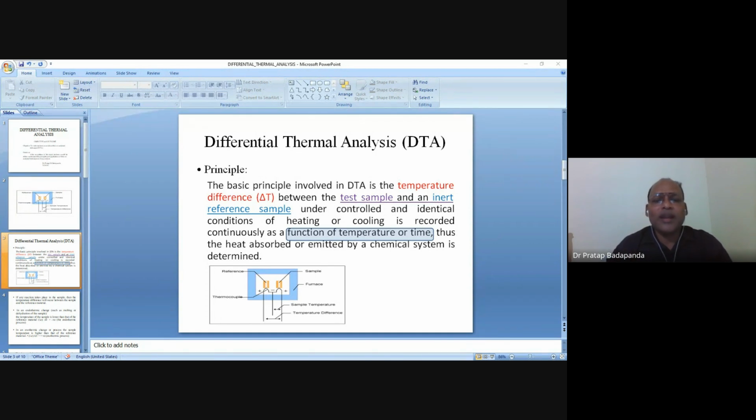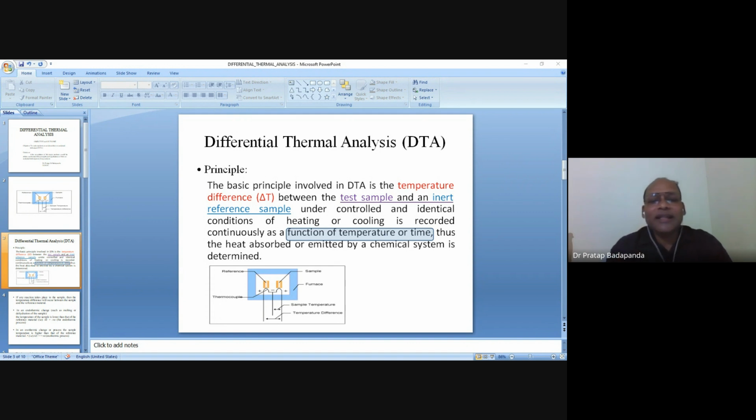Under controlled and identical conditions, heating or cooling is recorded continuously as a function of temperature or time. Okay, so it is a graph. You have to represent the graph, and on the basis of that you have to calculate whether the temperature increases or decreases with increase in temperature as well as time.